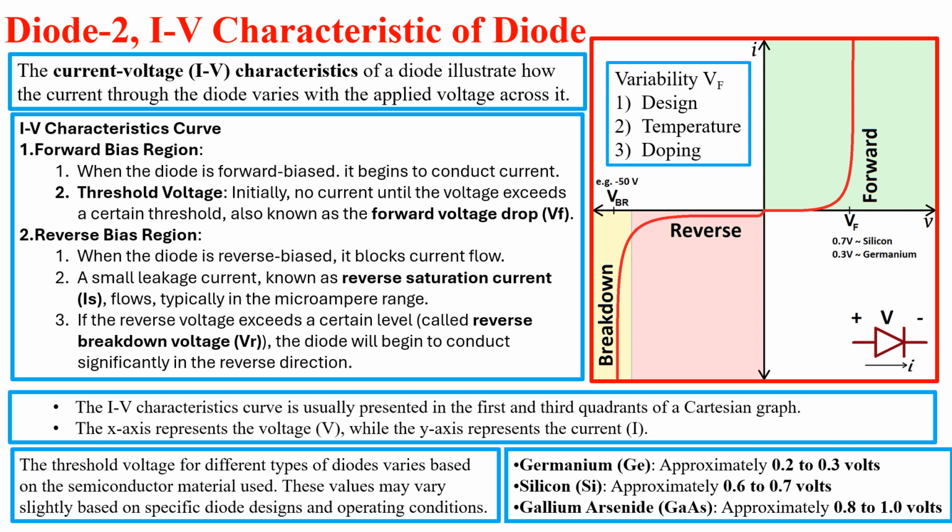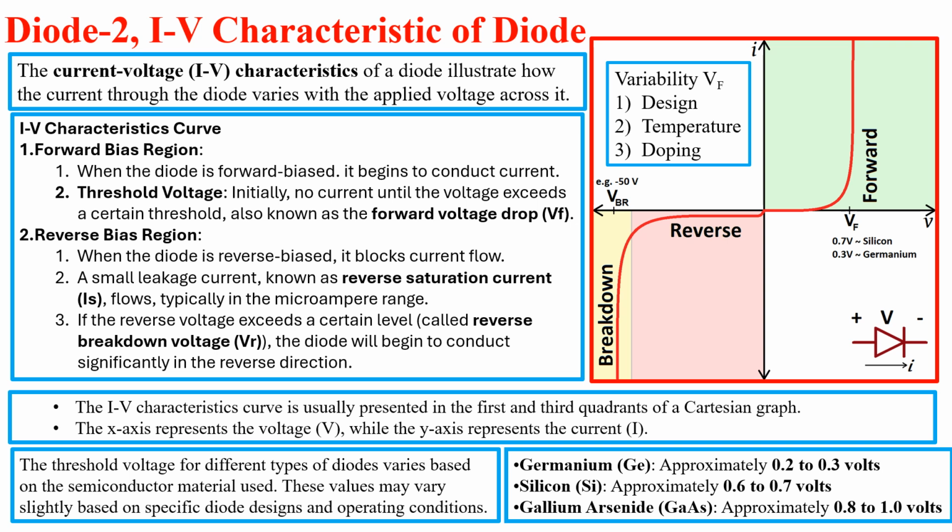Due to the small voltage, they are highly sensitive to temperature changes, meaning their forward voltage drop can decrease with increasing temperature. Due to their lower threshold voltage, germanium diodes are often used in low voltage applications and radio frequency circuits.